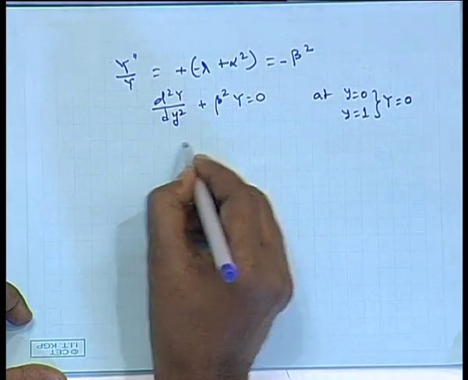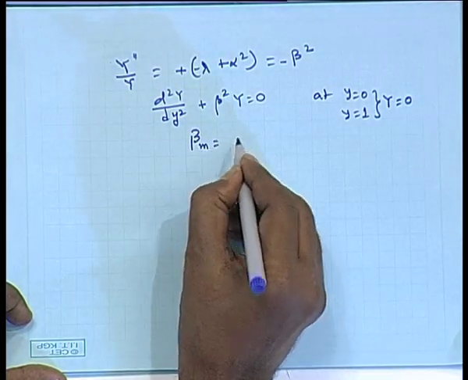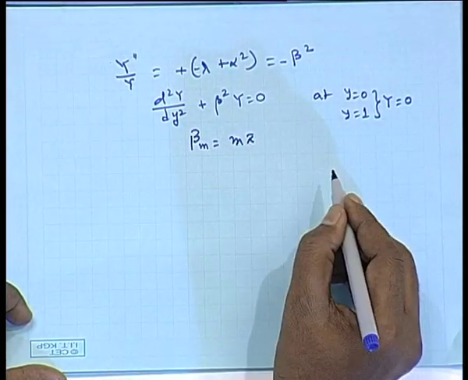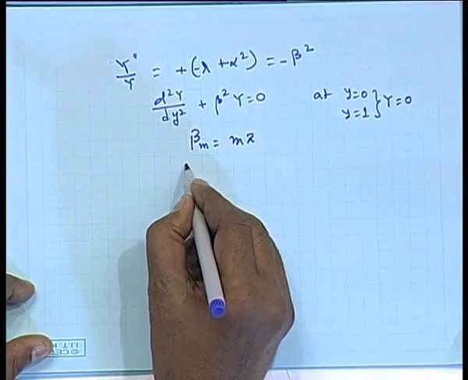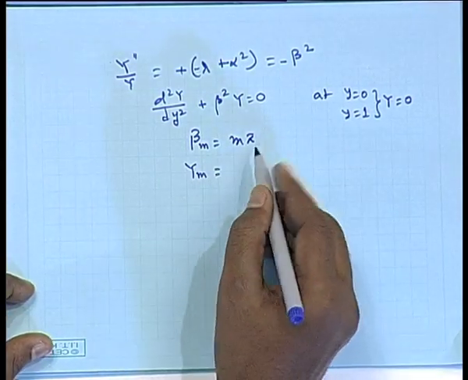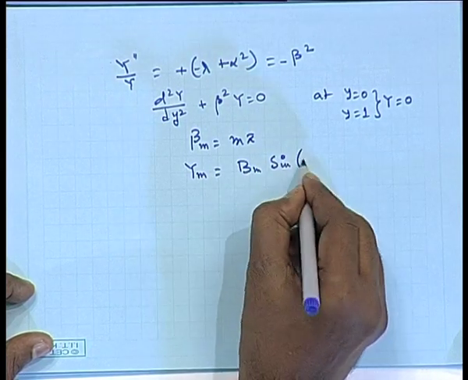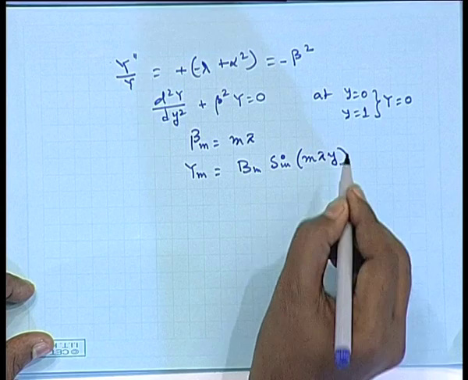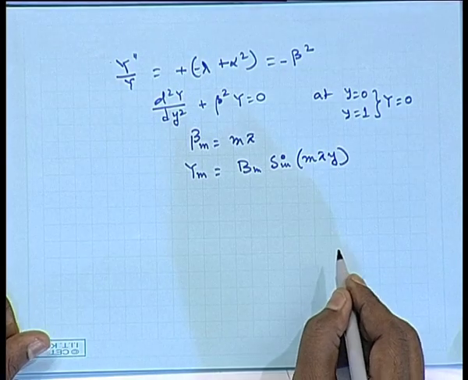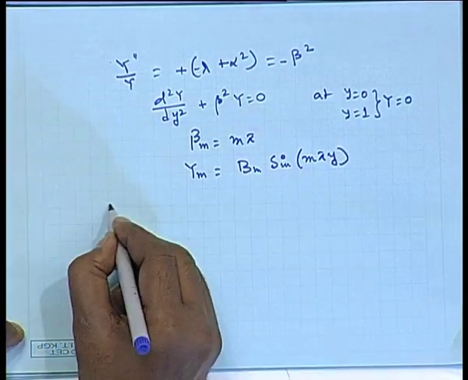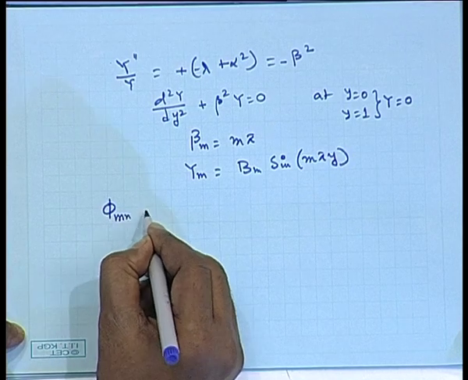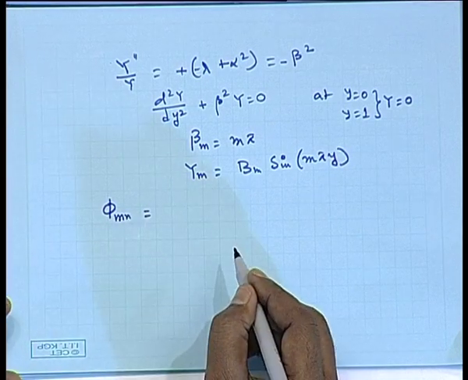And the corresponding eigenvalues are beta m equal to m pi, where m runs from 1 to infinity, and corresponding eigenfunctions are, let us say, b m sin m pi y. So, what is your phi mn?